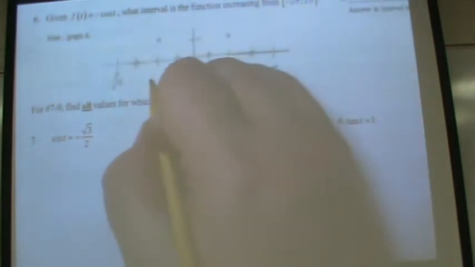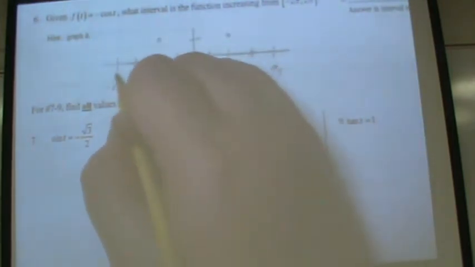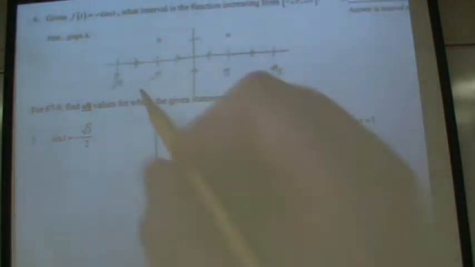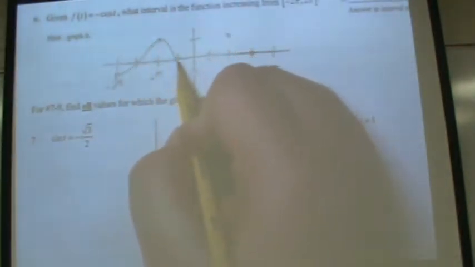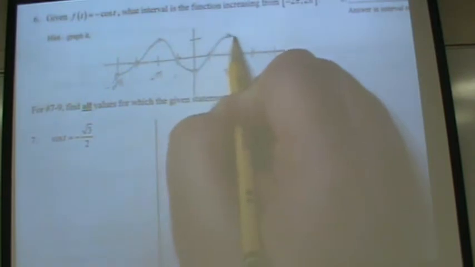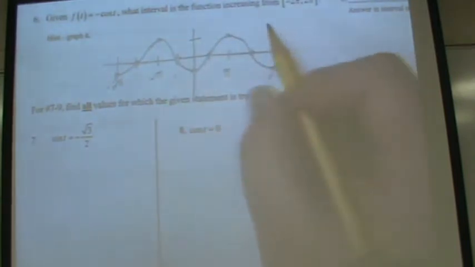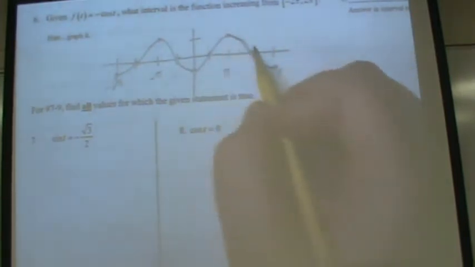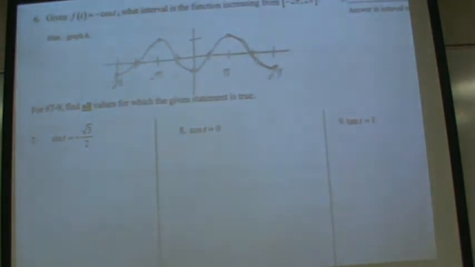I just realized that I labeled this wrong. That should be -pi. So now your cosine curve should look a little nicer than mine, but we'll go with it. So your cosine curve should look like that.